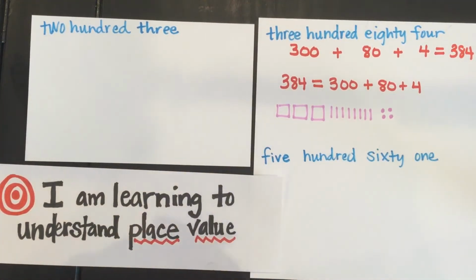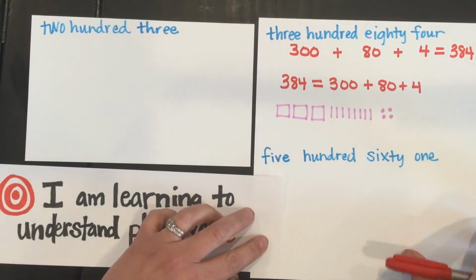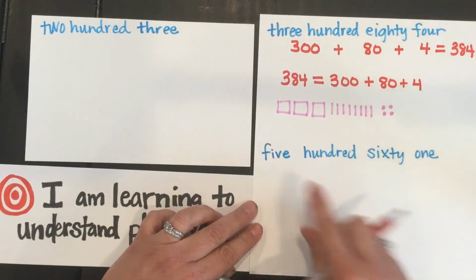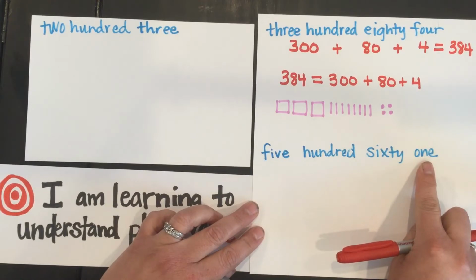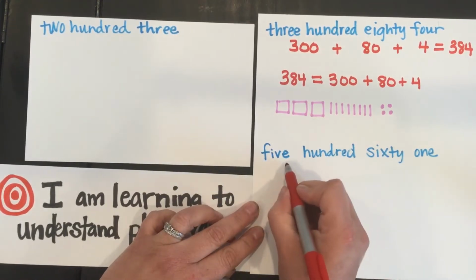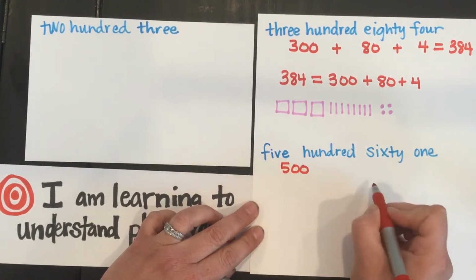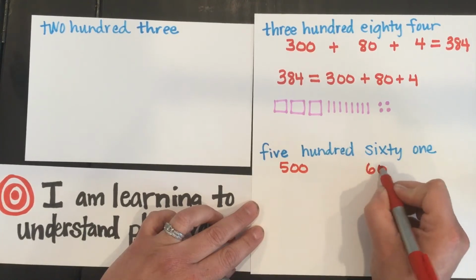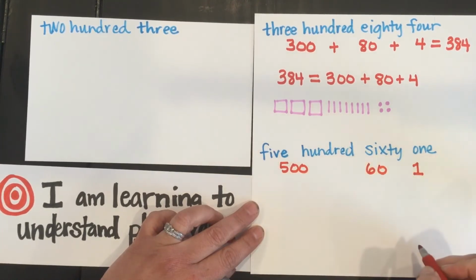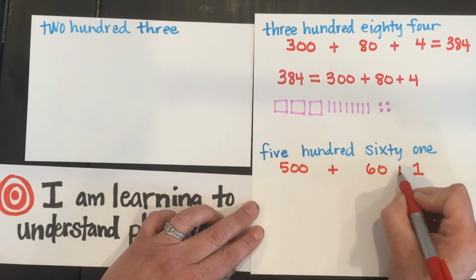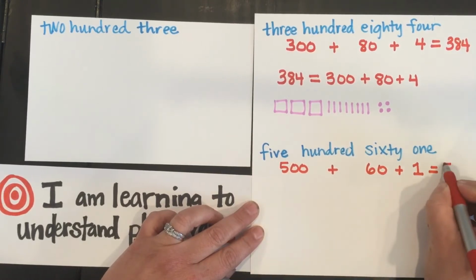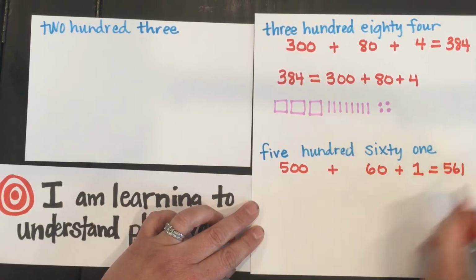Let's look at another one and we can practice looking at the words, and that helps us to figure out expanded form. So the next one we have is 561. And when I put those together, I would get 561.